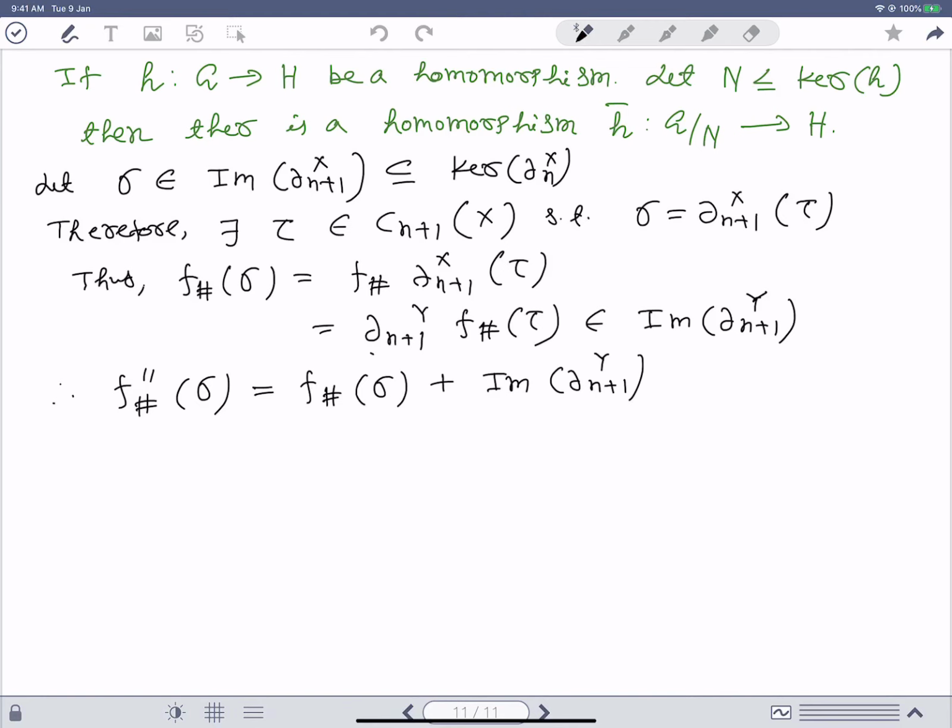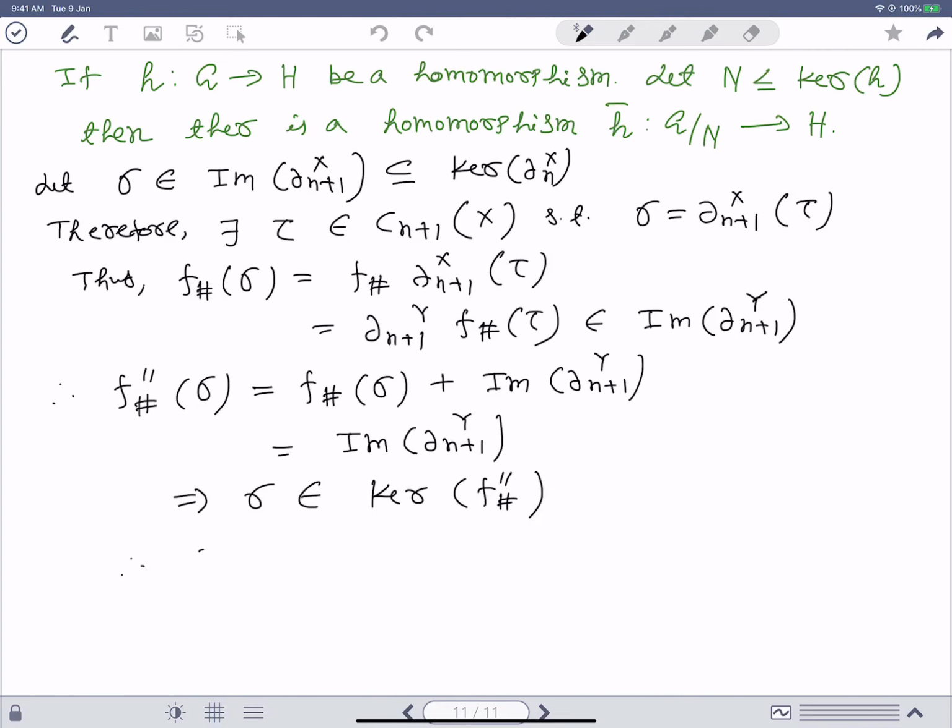Now since this is an element of this, this is just image of del n plus 1 y, that is the zero element. So that implies sigma belongs to kernel of f hat double dash.